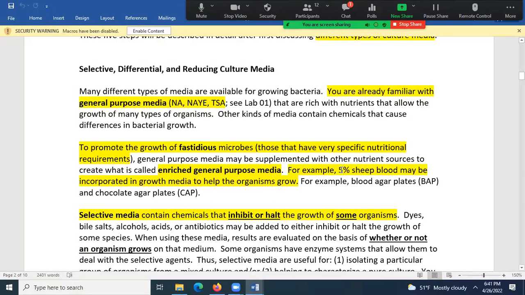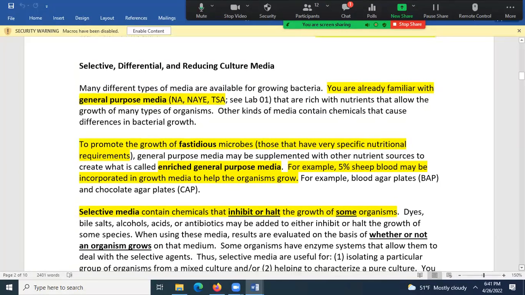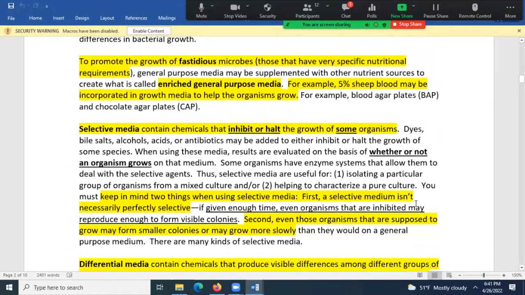And whatever the growth requirements are for Streptococcus pyogenes, red blood cells supply those nutrients. All right, any questions between enriched general purpose media and general purpose media?